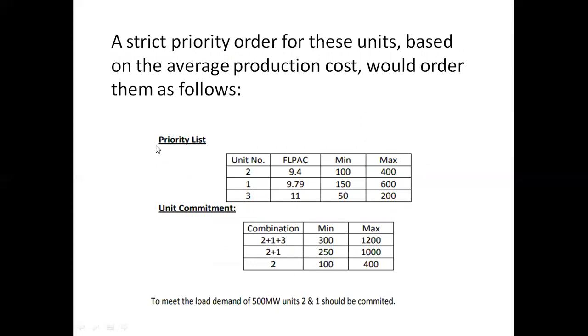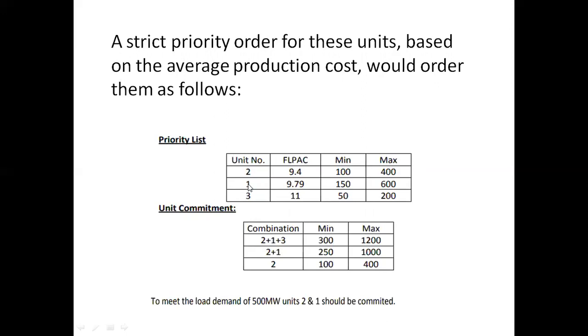That is the priority list that we have developed depending upon the full load average production cost. Unit 2 is given the topmost priority, where the full load average production cost is 9.4, minimum generation is 100 megawatt, and maximum generation is 400 megawatt.